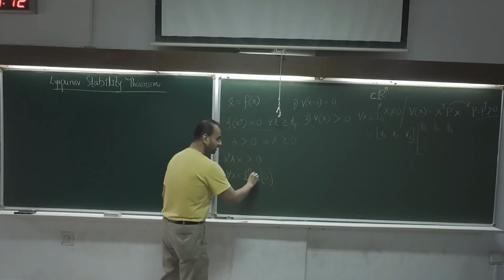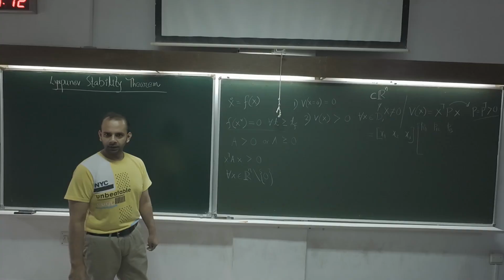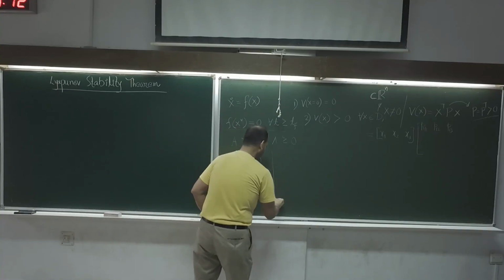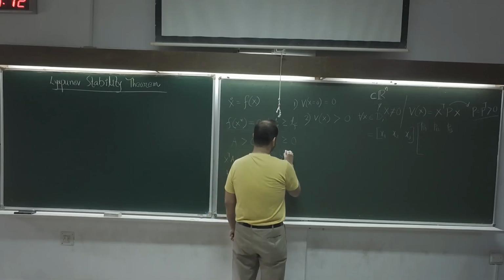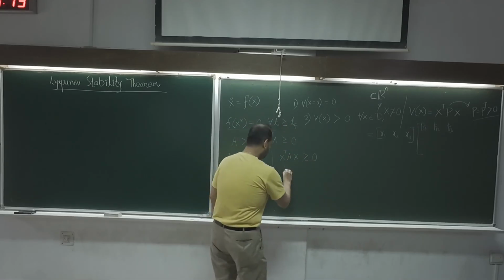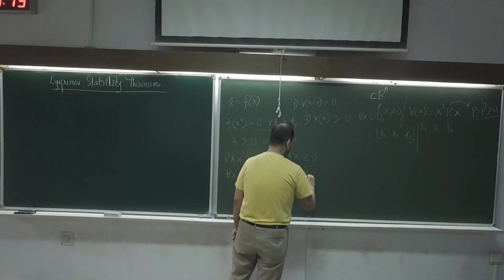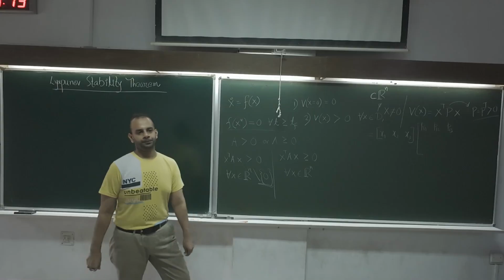This backslash means excluding this one, right? And if you have to define the positive semi-definite, what do you write? x transpose Ax greater than or equal to 0 for all x in Rn. Here, this part is not necessary.